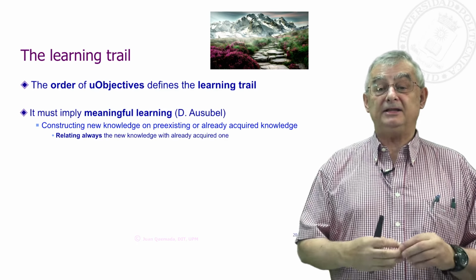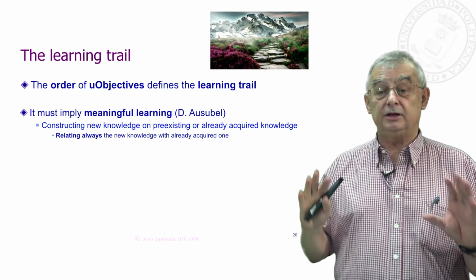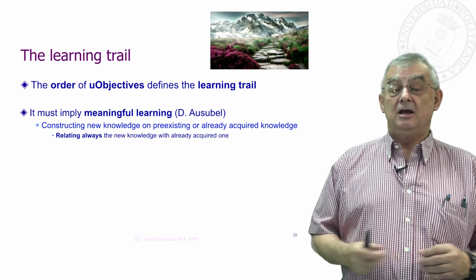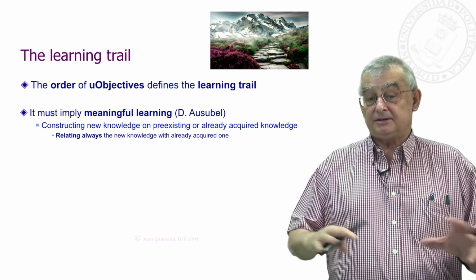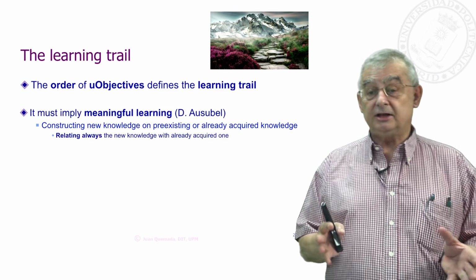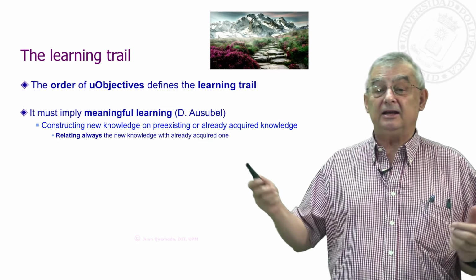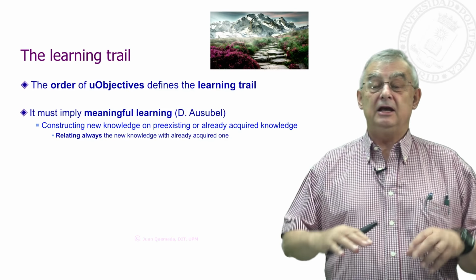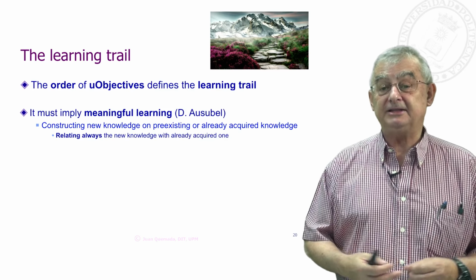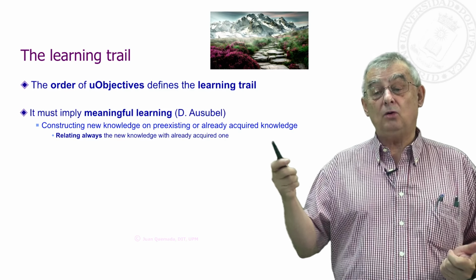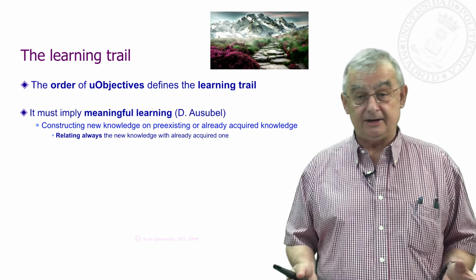The definition of this order must imply meaningful learning according to the theory of David Ausubel, which very briefly can be expressed as: for constructing new knowledge, you must make all the parallelisms, metaphors, and also common patterns explicit on pre-existing or already acquired knowledge by the learner.